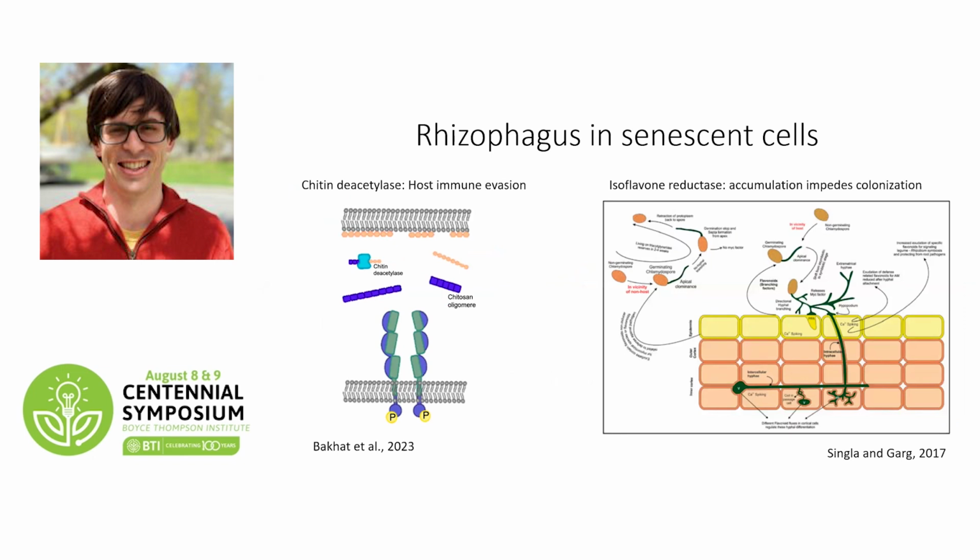In the senescent cells, we see a little bit of a different story. We see a little more immune evasion happening, at least for the ones that are annotated. There's a lot of unannotated fungal genes, as you might expect. We have something like chitin deacetylase, which is one way for pathogens or symbionts to avoid the immune system of their host, as well as this isoflavone reductase.